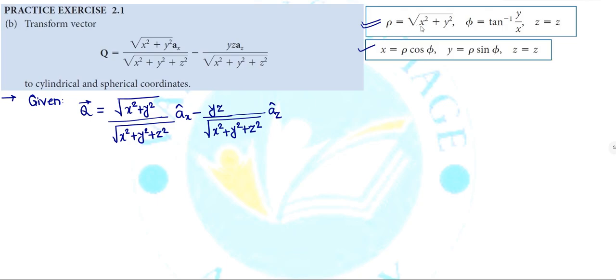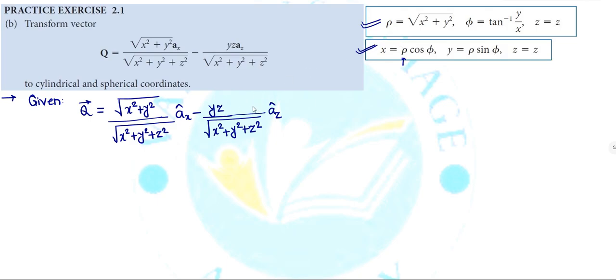If we have x, y and z, we can convert that into rho, phi and z. And this second box is for your vector transformation from cylindrical to rectangular or Cartesian. So we are going to use these two.